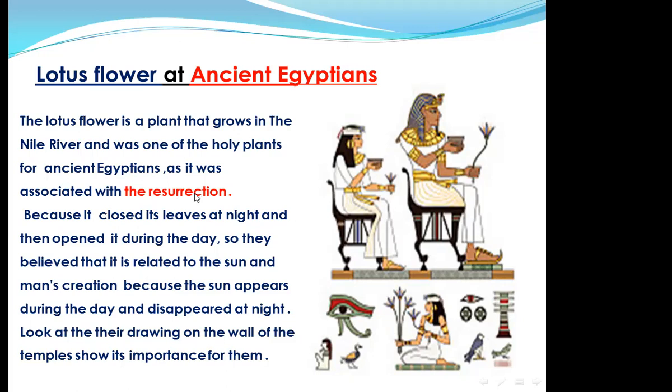Do you know what resurrection means, heroes? It is life after death. Okay, so again, the lotus flower is a plant that grows in the Nile River and was one of the holy plants for ancient Egyptians, as it was associated with the resurrection. Okay, I want now to listen to Malik.